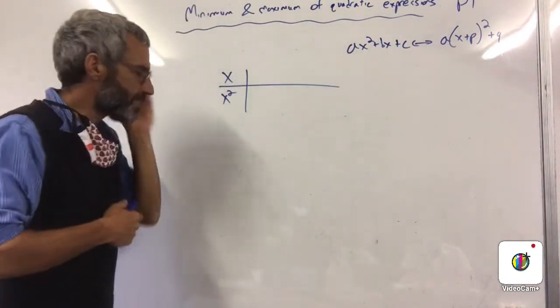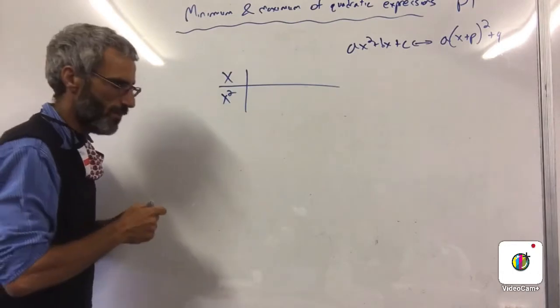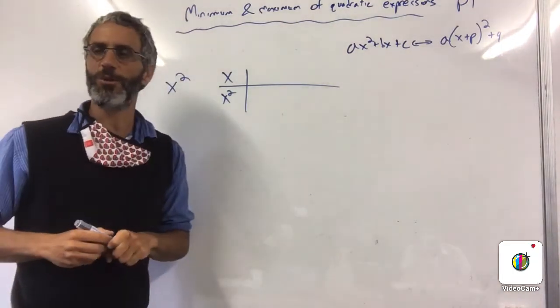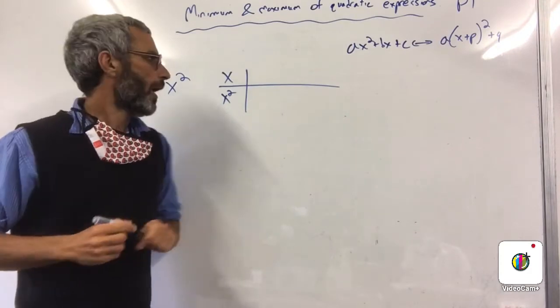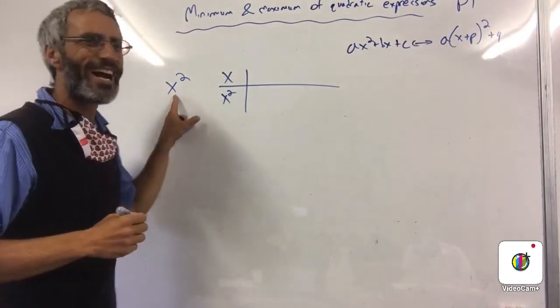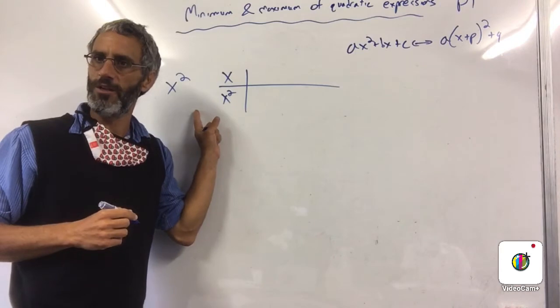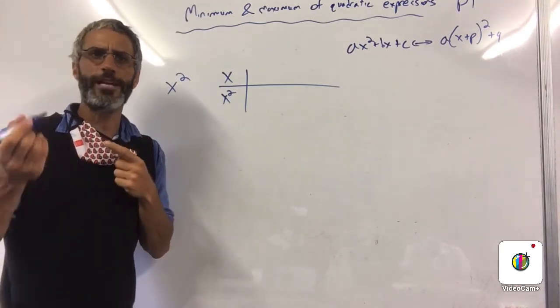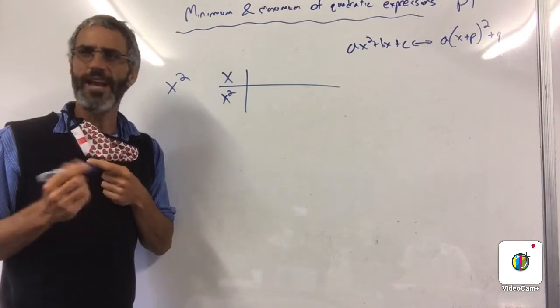Let's start with a very simple expression, probably the simplest quadratic expression, x squared. Let's find the value of x squared when I put in different x's. So I'm taking you back really to probably grade 8.